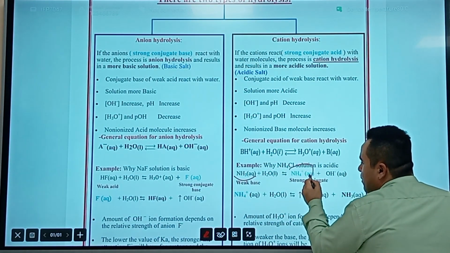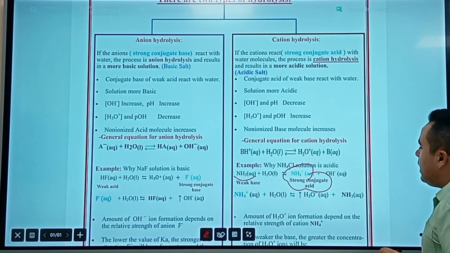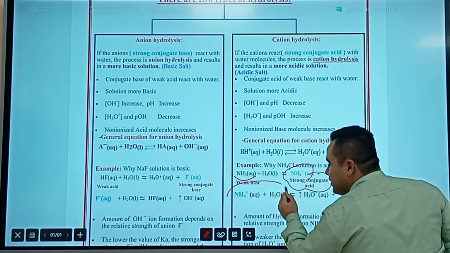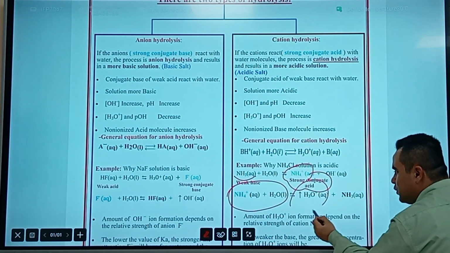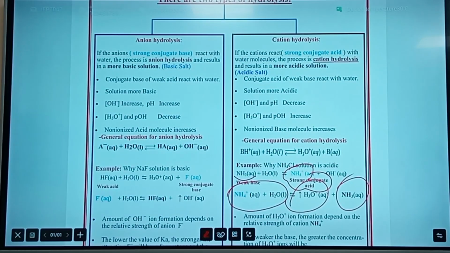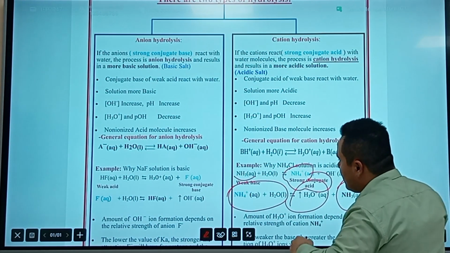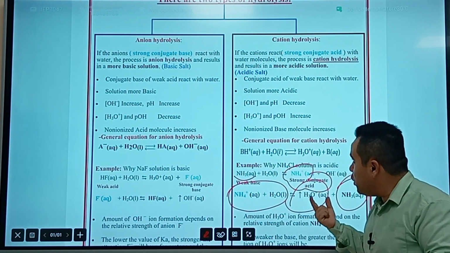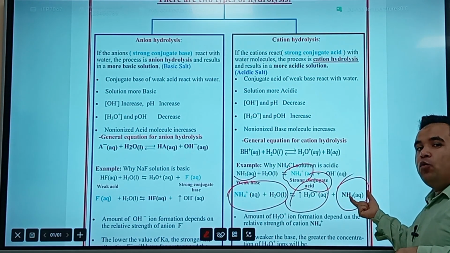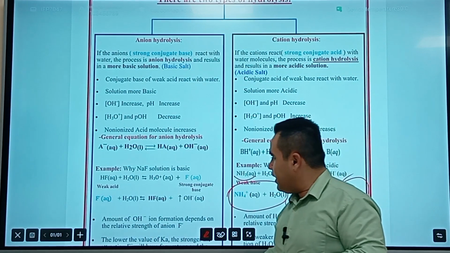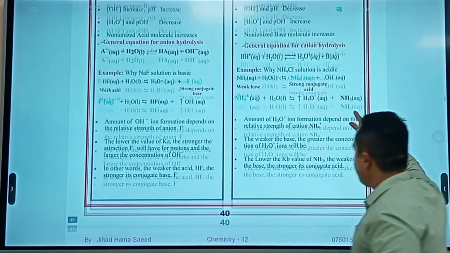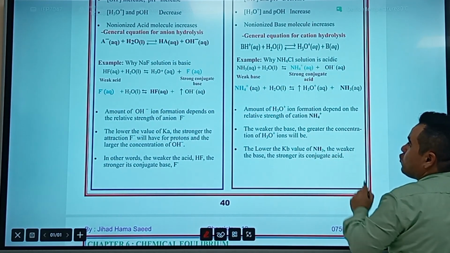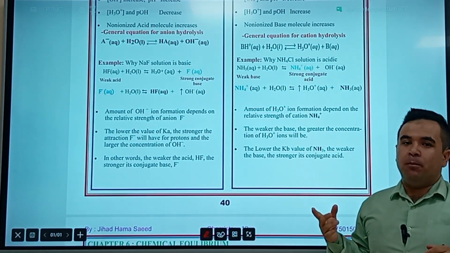NH3 produces ammonium, which is a strong conjugate acid. This strong conjugate acid comes from a weak base, so it reacts with water to produce hydronium, and the concentration of ammonia as well increases. So in this case, the hydronium increases, hydroxide decreases, pH decreases, pOH increases, and the concentration of the weak base increases as well. And the amount of hydronium formation depends on what? On the strength of the ammonium.